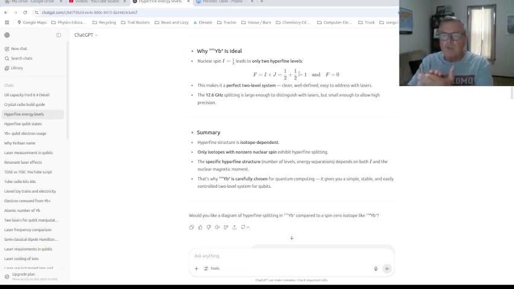So these 2 levels can be measured with another laser, a measuring laser. Now, I'll go back and listen to this and see if it all fits together, but I think we're ready to move on from here.